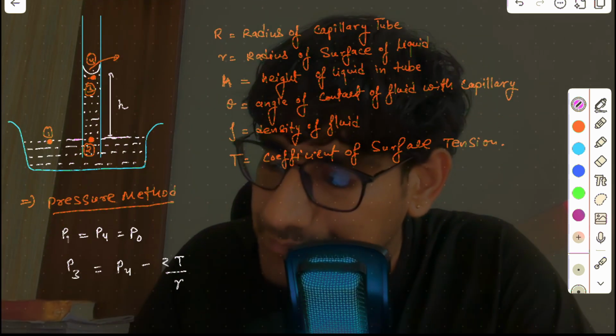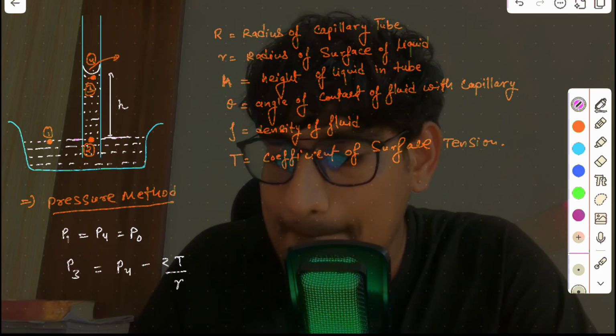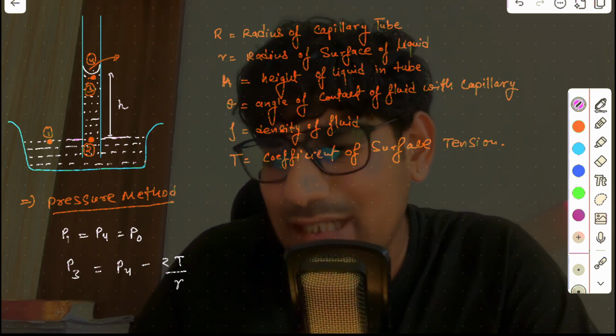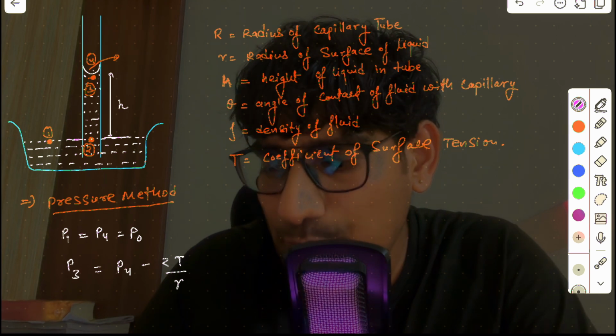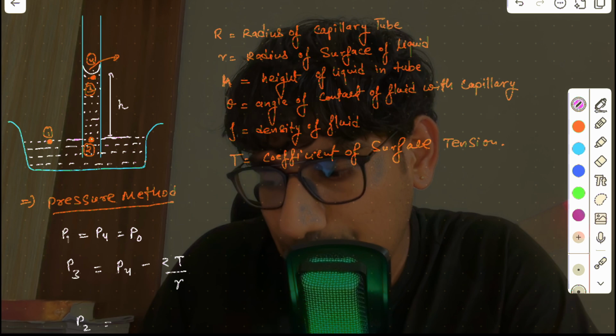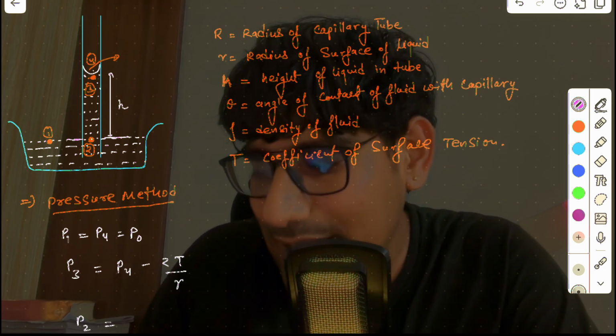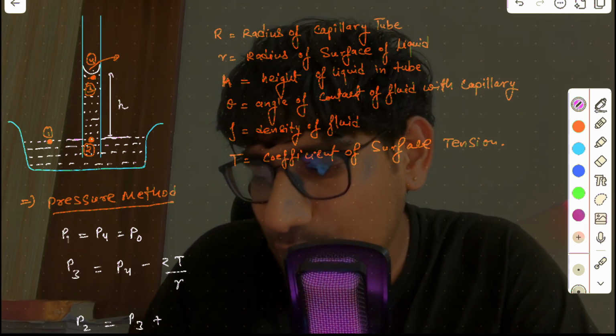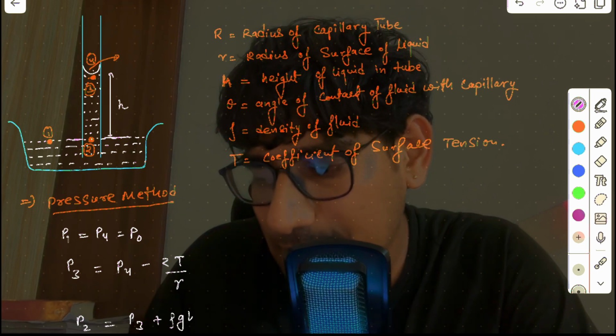Okay. All right. Now tell me, what will be the pressure at the point 2? Think about it. What is the pressure at the point 2? Will it be the pressure at the point 3 plus rho gh, isn't it?